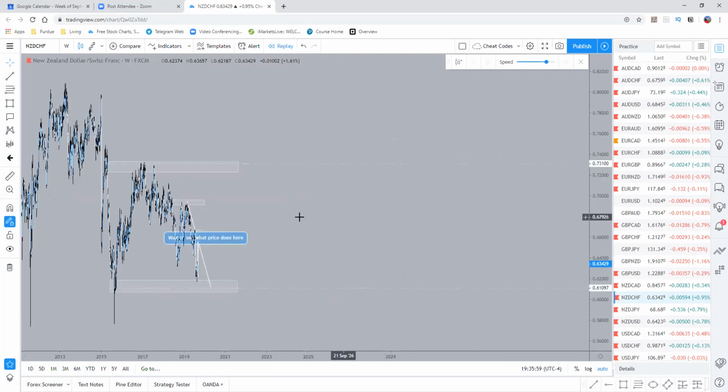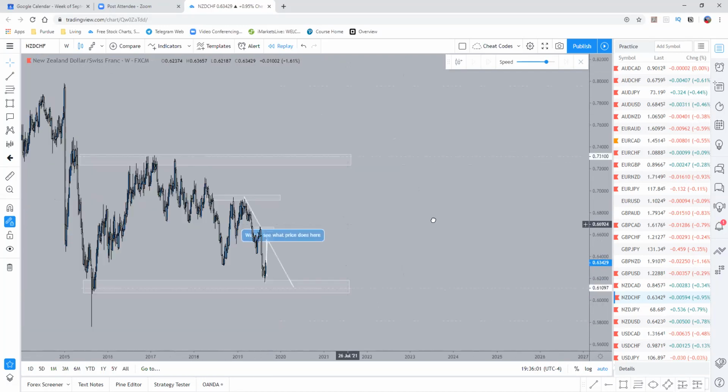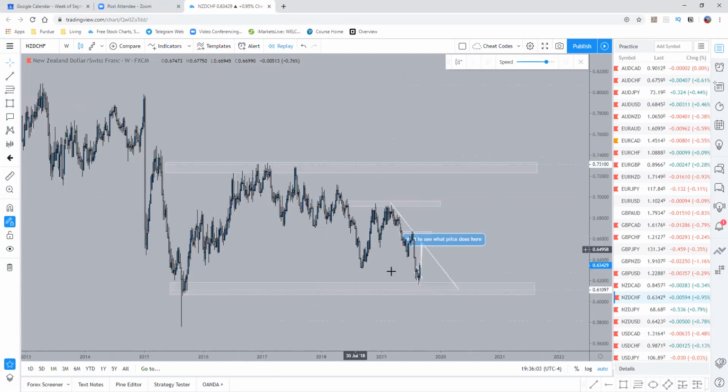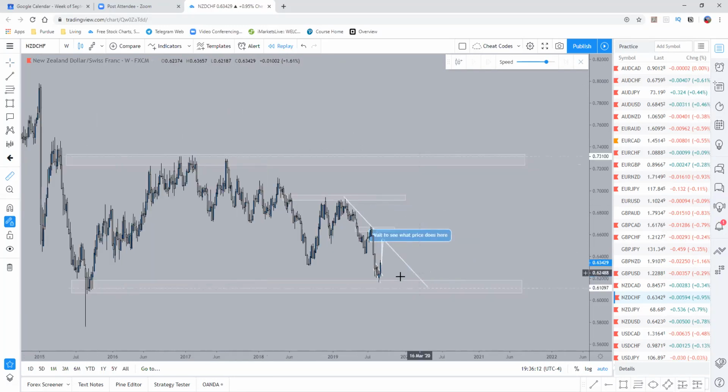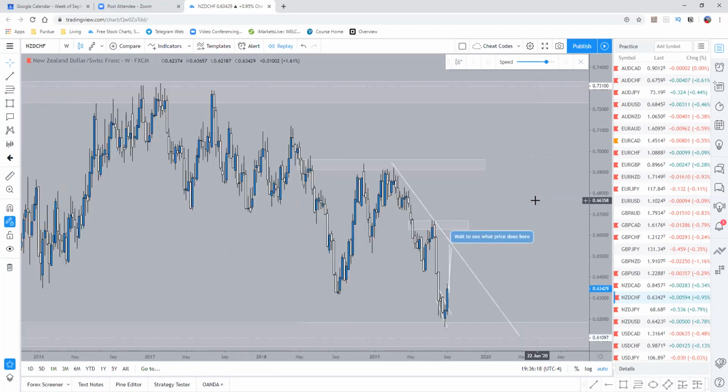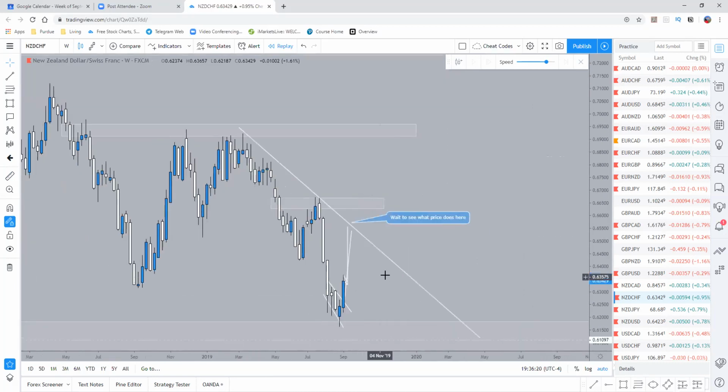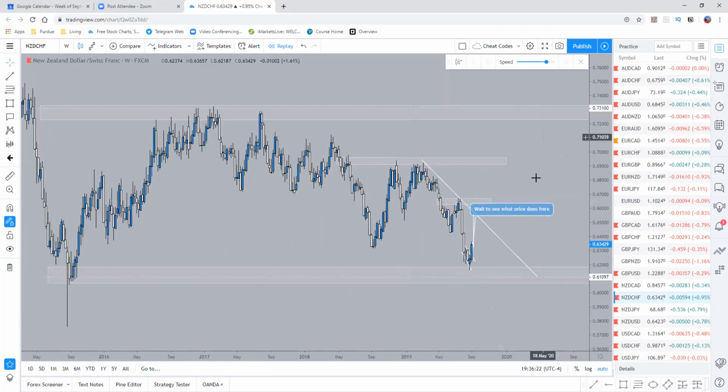Right. Because if we look at our weekly, last time price came down here, it shot up probably like 1,000, 2,000 pips. 1,000 pips. So we could potentially get that same type of movement all the way back up to this zone. But I'm sure not everyone wants to wait like a year or two for 1,000 pips.